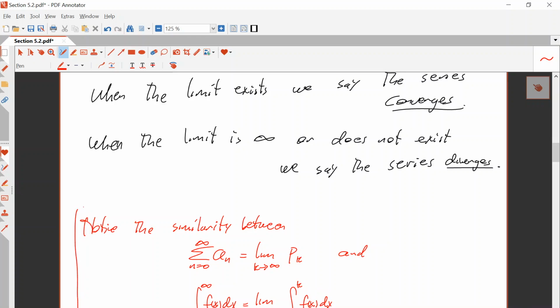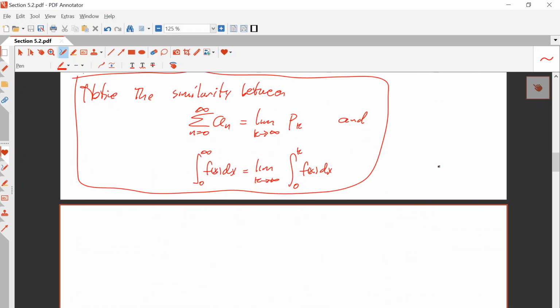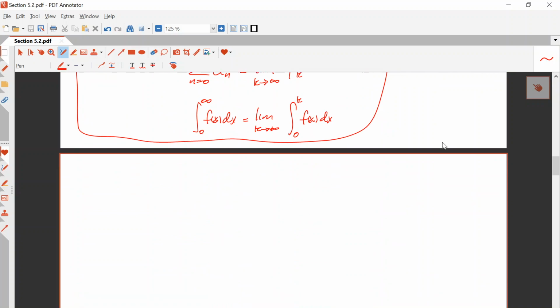Notice that similarity. And in section 5.3, we'll really formalize that similarity and talk about what sort of things you can get from it.